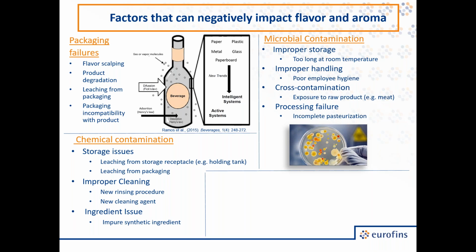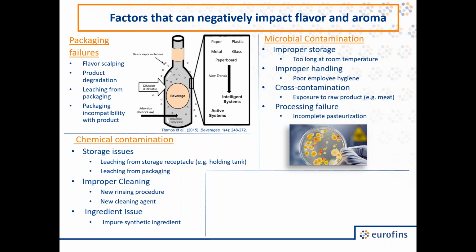One example of this is poor employee hygiene, people not properly washing their hands, not wearing their proper equipment during the production. Cross-contamination can lead to microbial contamination. For example, exposure of a product that isn't meant to be cooked to a product that is meant to be cooked can lead to contamination over time.